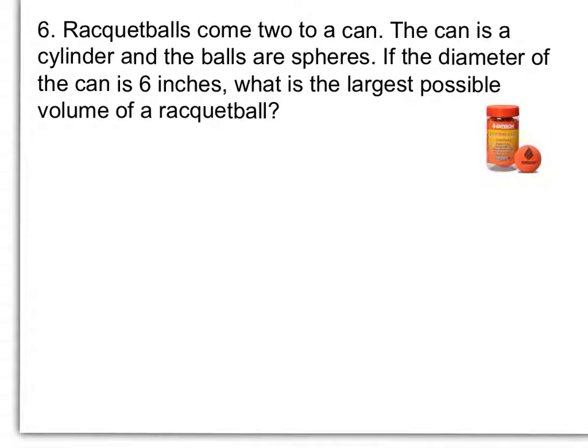Number 6 says racquetballs come two to a can. The can is a cylinder and the balls are spheres. If the diameter of the can is 6 inches, what is the largest possible volume of the racquetball? Here we're given diameter at 6 inches, so that means our radius is 3 inches. Using our formula for volume of a sphere, we'll have 4/3 times pi times our radius cubed.